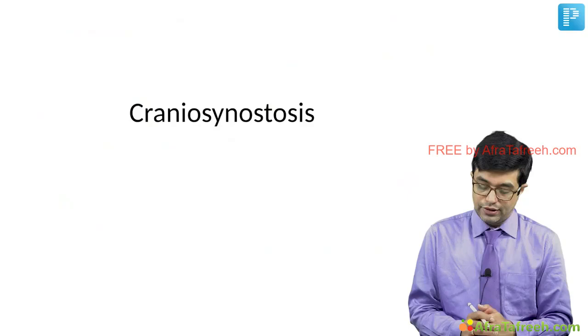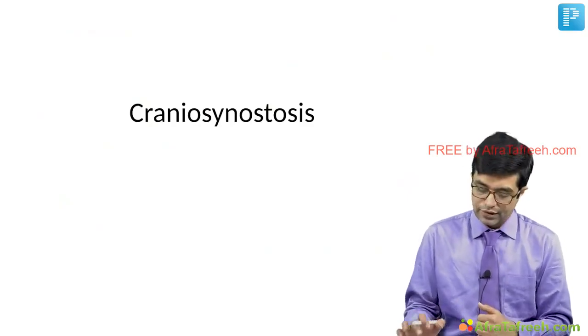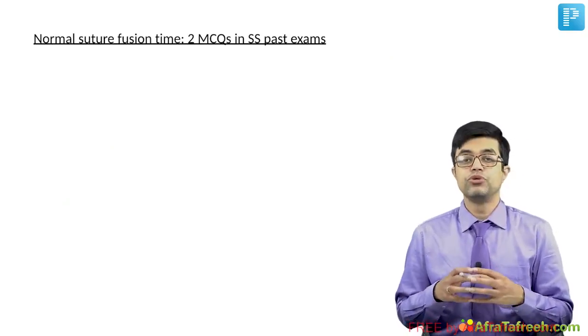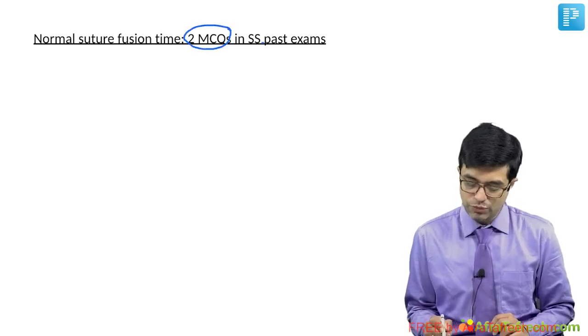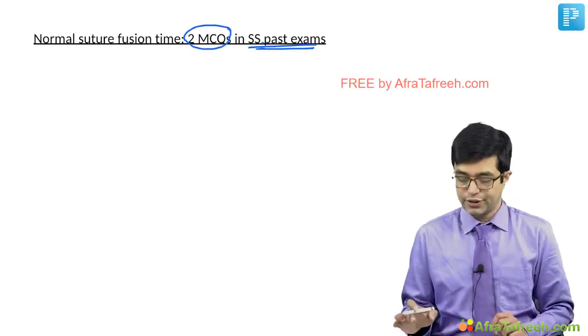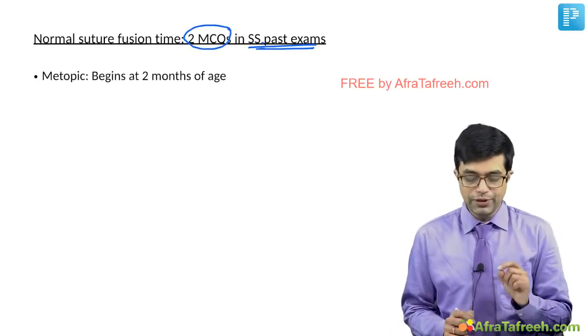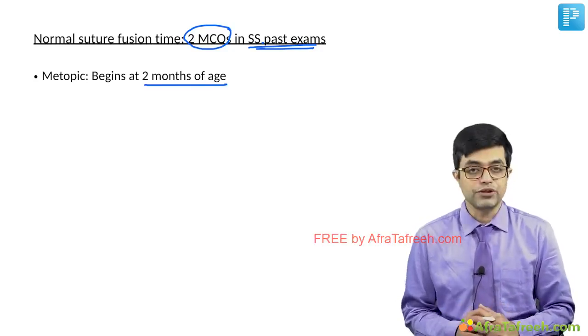So moving over, let us talk about craniosynostosis. First, we need to understand the normal suture fusion time. Interestingly, two MCQs have been asked in super specialty based past exams, one of them being a Central Institute exam. Metopic suture fusion begins at 2 months of age.